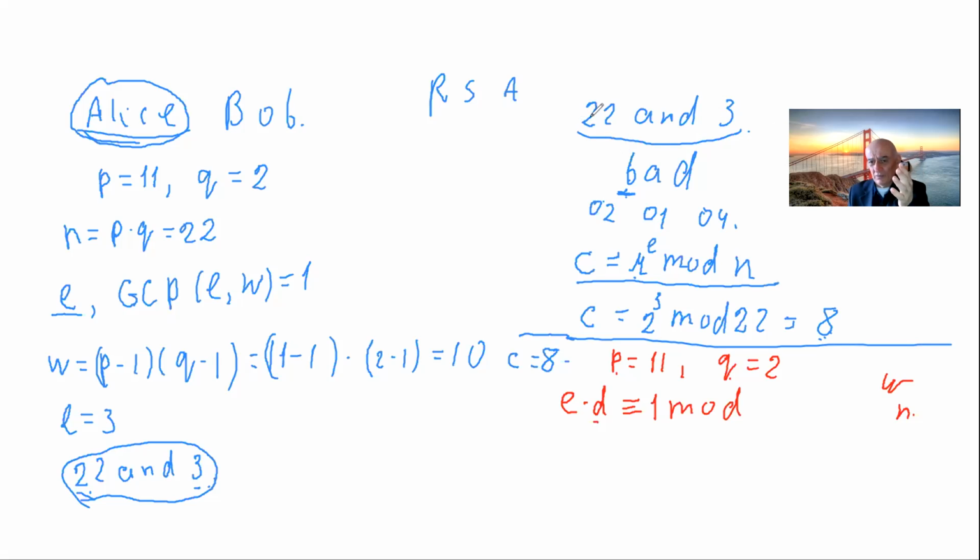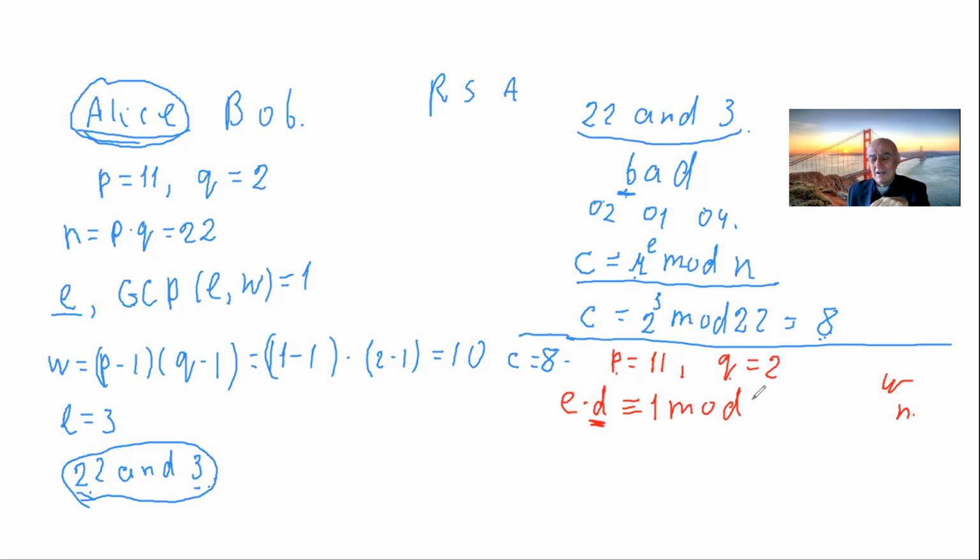Everyone knows these two keys, 22 and 3, and only Alice knows P and Q. That's why I said that only one person in the world, Alice, can find this number D. Only she can find it.